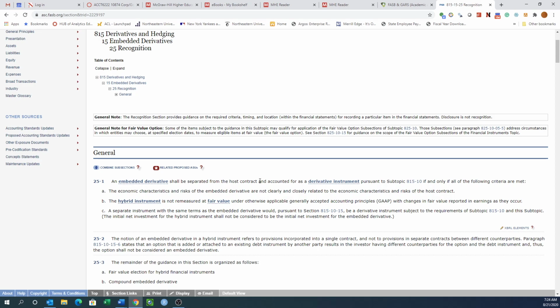If all three of these things are met, it's not clearly and closely related, we're not at fair value, and it would be a freestanding instrument, then you have to what we call bifurcate, split between the host instrument and the derivative. We'll talk a little bit more about how you get to clearly and closely related a little bit later on. But these are the three things that we've got to go through.